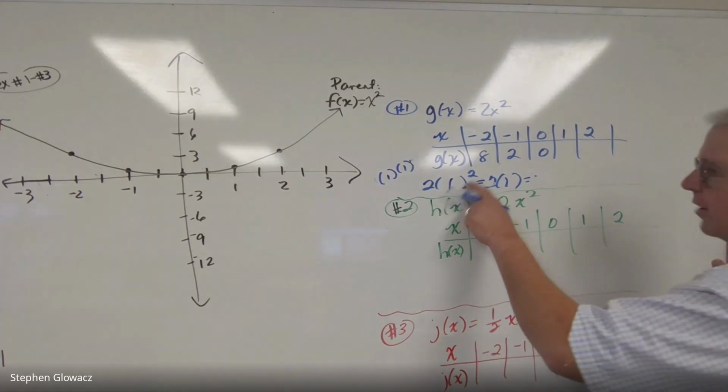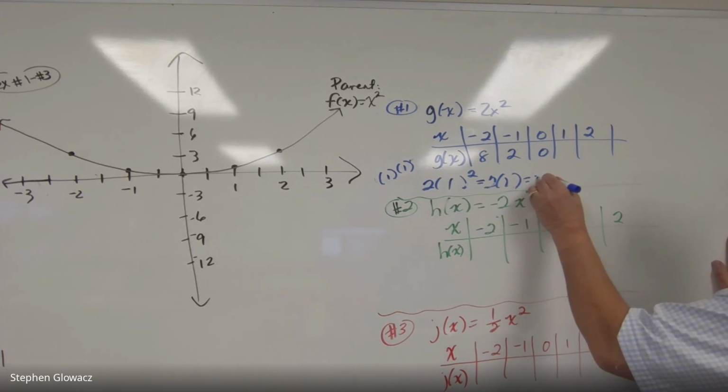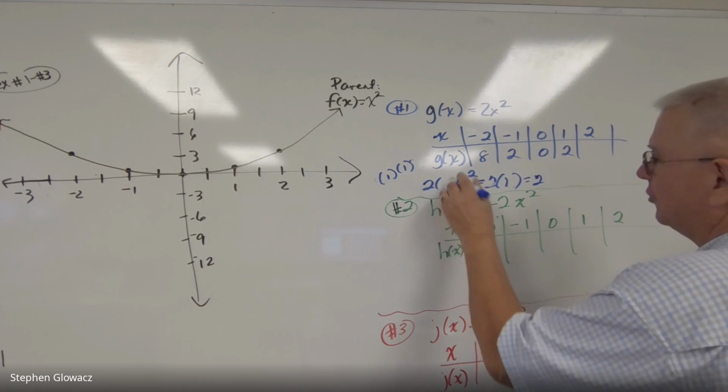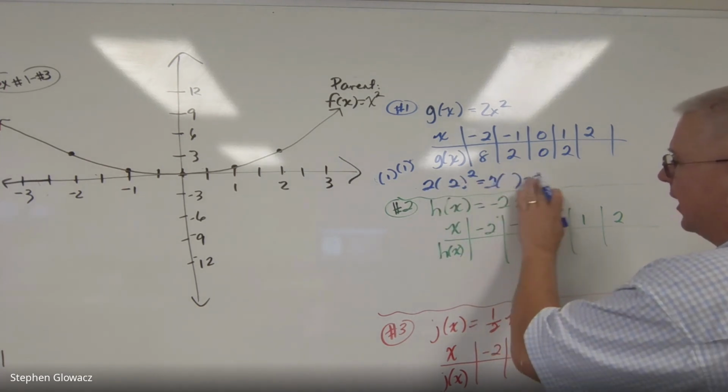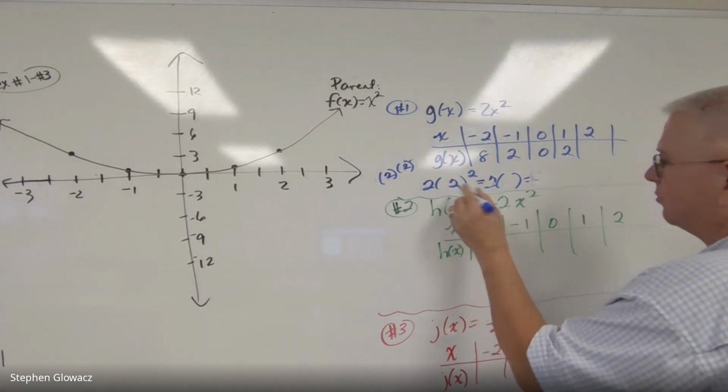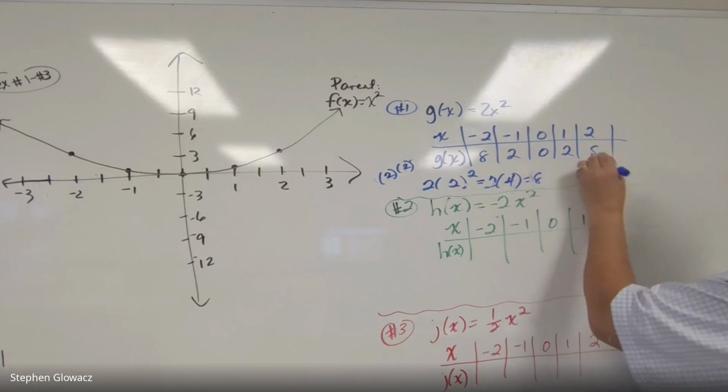So 1 squared is 1, and 2 times 1 is 2. Finally, 2 times +2 squared. 2 squared means 2 times 2, which is 4, and then 2 times 4 is 8.